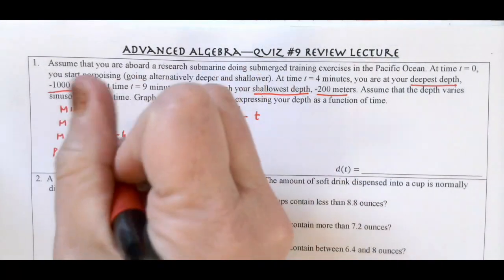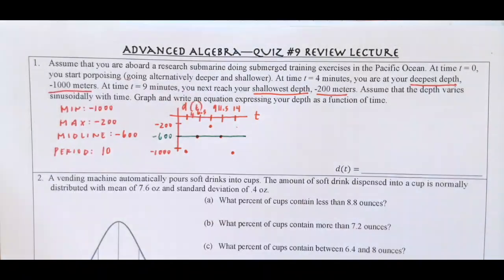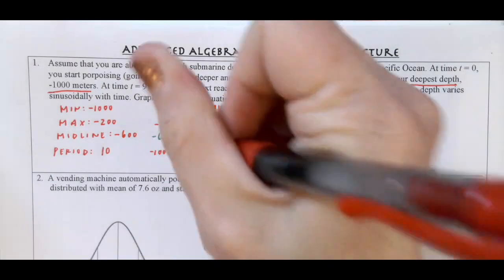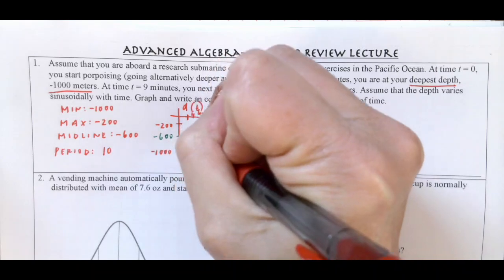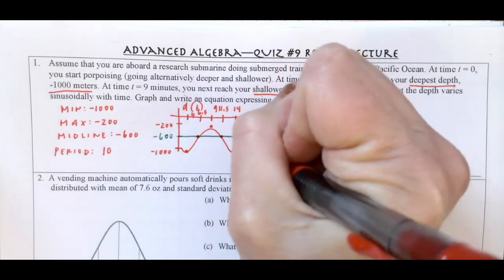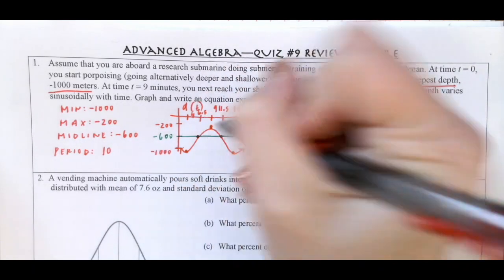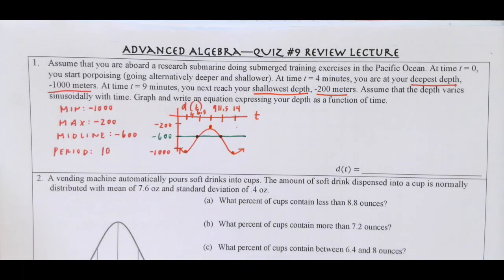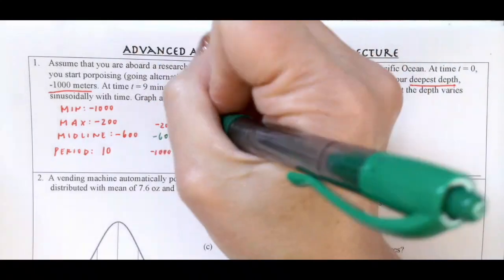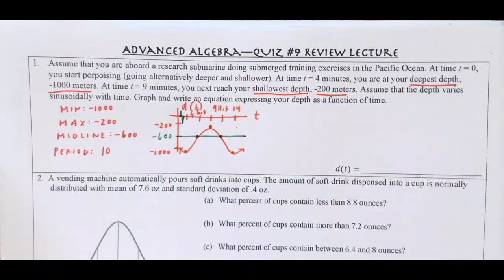So that took 10 minutes. Then I'm just going to sketch my graph, so it looks like that. And then I usually show that it's broken because we're not starting at time = 0.